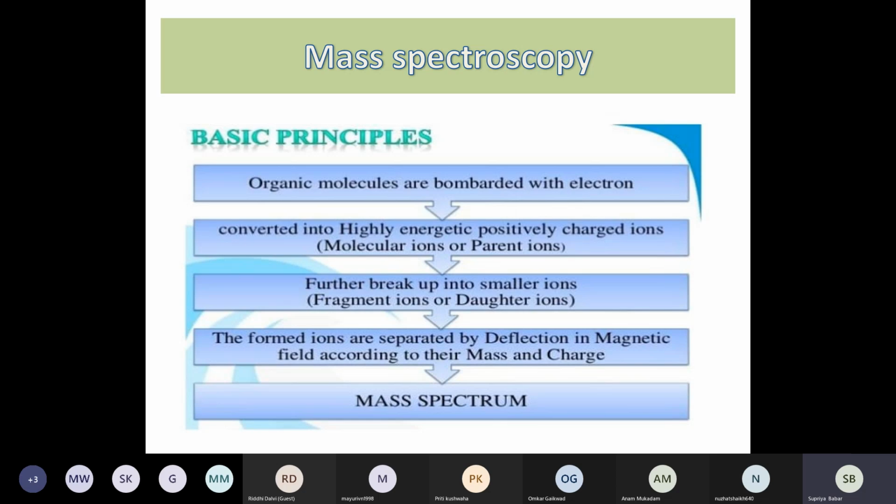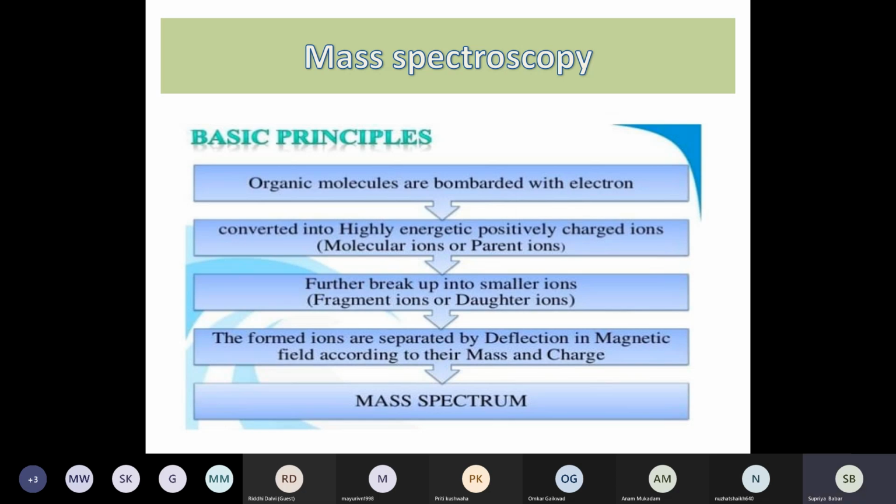Then these ions are analyzed such that each value of the mass to charge ratio gives a signal, meaning you will get a graph. The peak in that graph denotes the mass to charge ratio for that particular ion.